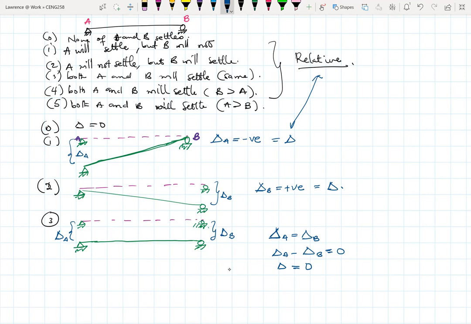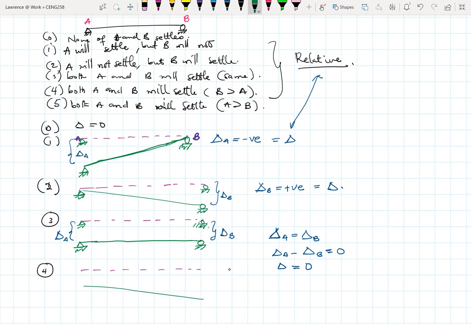Now let's look at case 4. With case 4, again, they have their initial position. Then they both settle, but B settles more than A, so we end up with something like that.